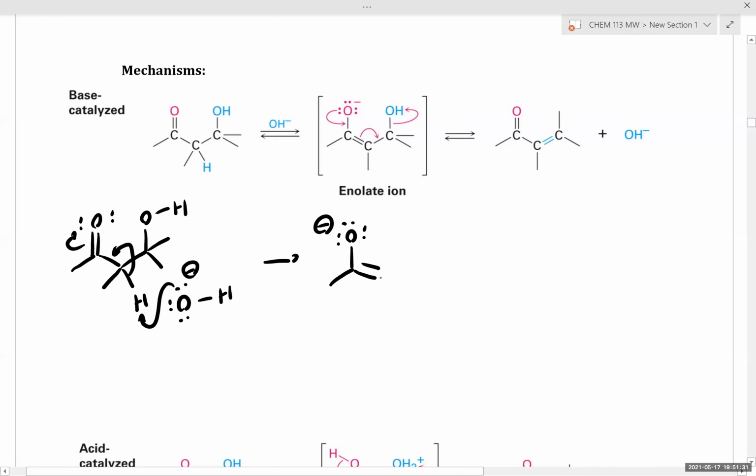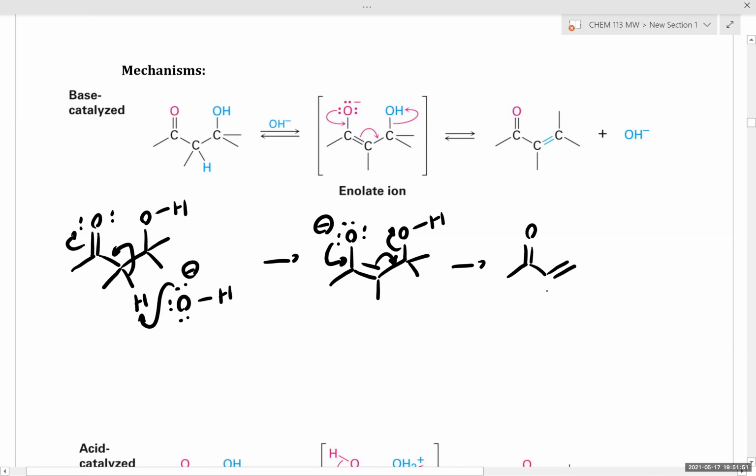From here, this very much reminds me of an E1CB reaction where we've generated a stable anion, and then that anion is used to eliminate our leaving group, which in this case is hydroxide.